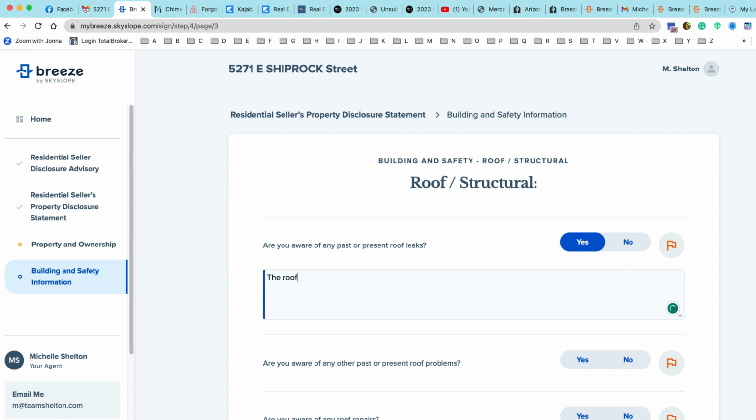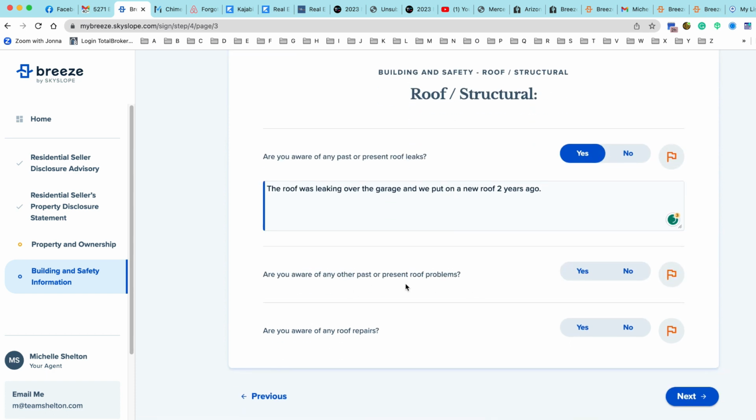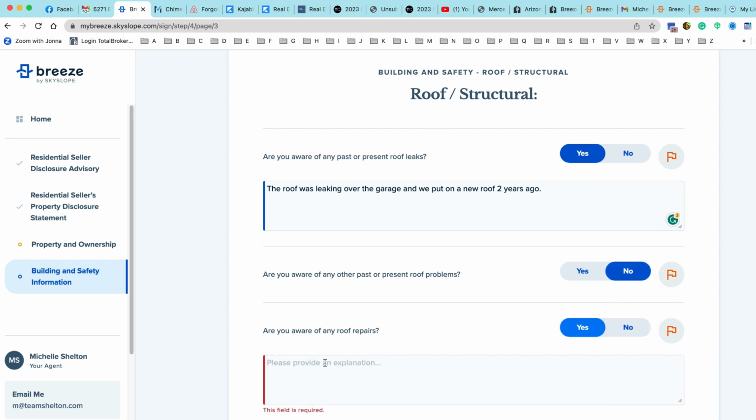The roof was leaking over the garage and we put on a new roof 2 years ago. Great. Are you aware of any other past or present? No. Aware of any other roof repairs? Well, yes. I mean, brand new roof 2 years ago.